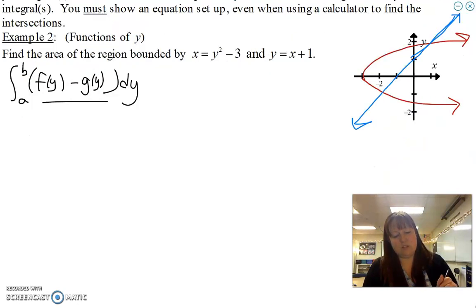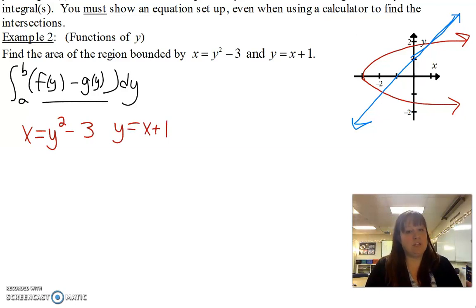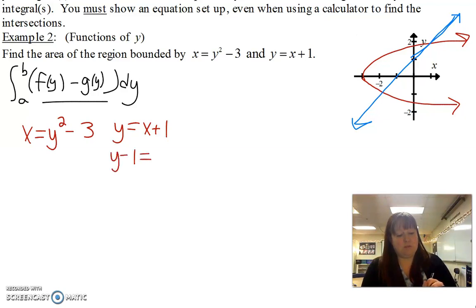So where do these two curves intersect? Our first curve is x equals y squared minus 3, and our second curve is y equals x plus 1. Remember, to find where they intersect, we can just set them equal to each other. We're going to make this in terms of x, so that y minus 1 equals x. Then everywhere there's an x in the other one, we can replace that with y minus 1.